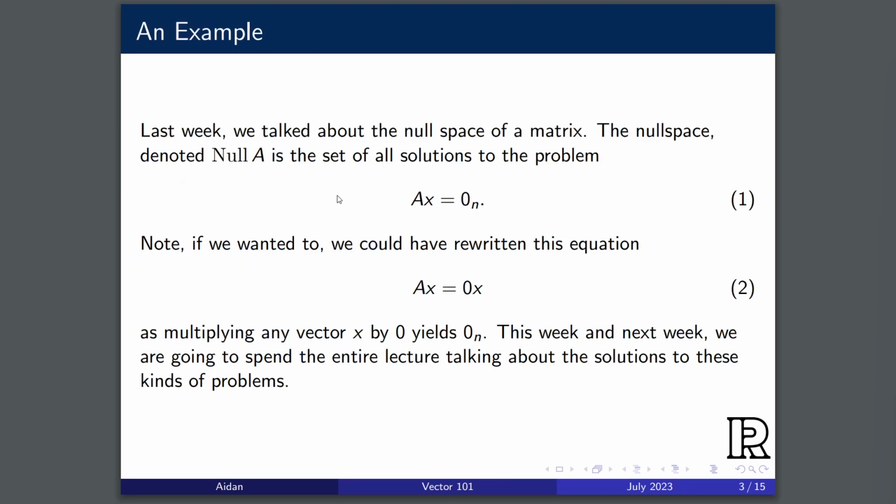Let's start with something we talked about last week, which is this homogeneous linear equation. Basically throughout the whole lecture today, we're just going to assume that A is an n by n matrix.